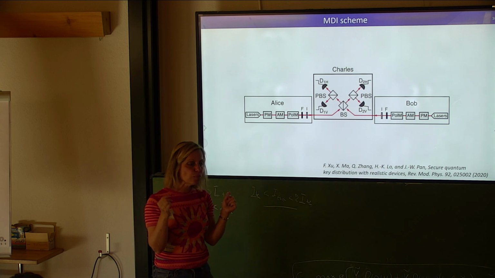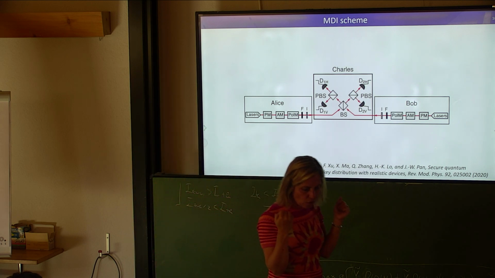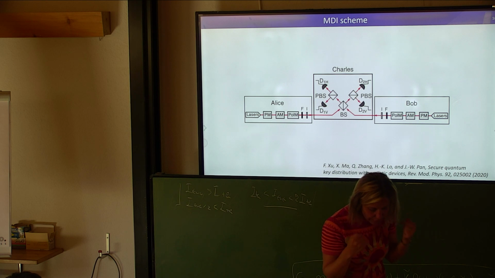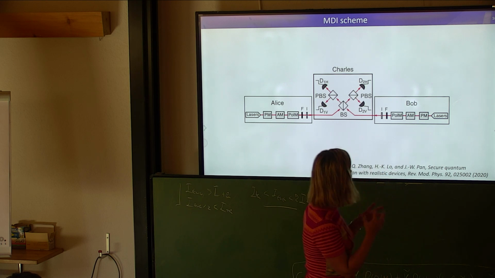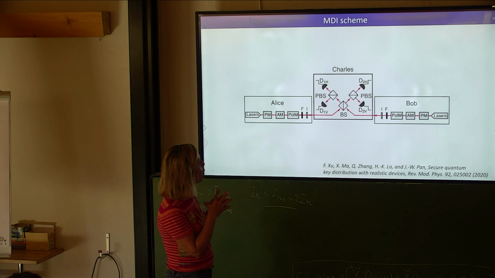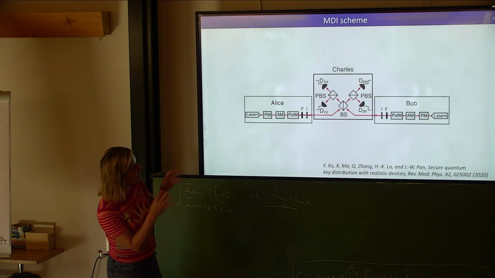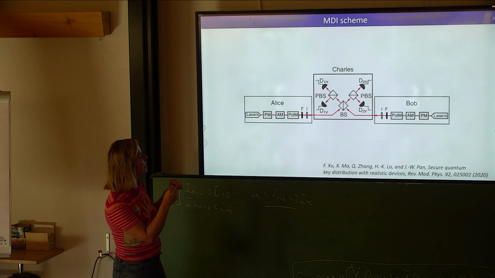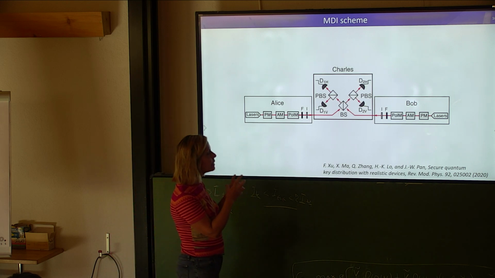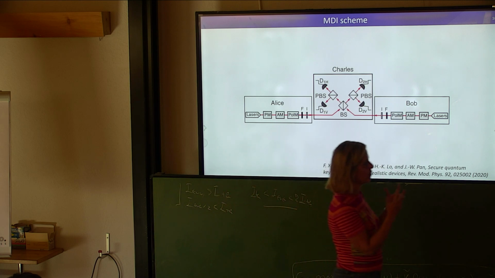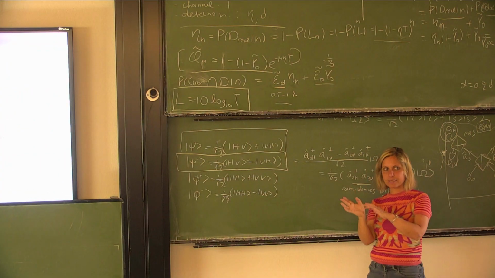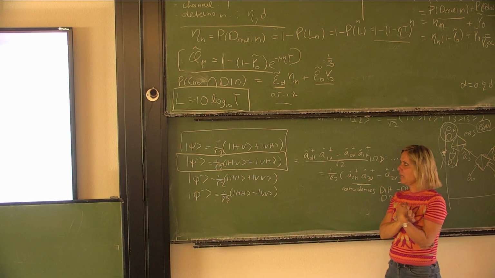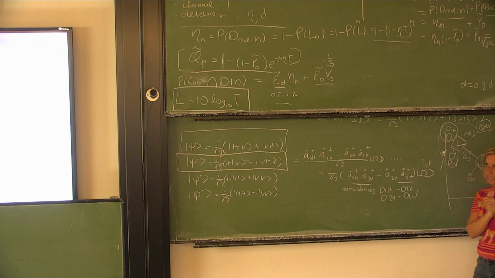Then Charlie communicates the information on the BSM output to Alice and Bob. Just to give you the final touch of the protocol, if they want to have an identical bit string, they need to do some bit flip depending on which state has been identified. You need to be able to write these states in both the X and Z basis.